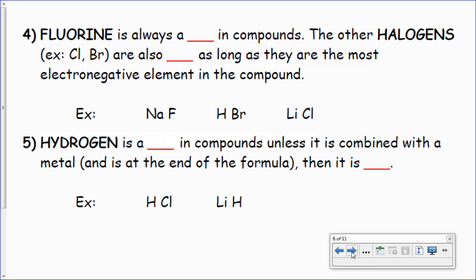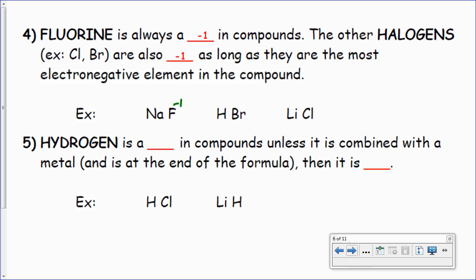Fluorine is always a -1 in compounds. The other halogens, like bromine, chlorine, are also -1, as long as they're the most electronegative element in the compound. That's a little adjustment that I have never run into myself. So it's always really -1, and I've lived my life for most of my time with that. Never have to worry about chlorine or bromine being like -2.